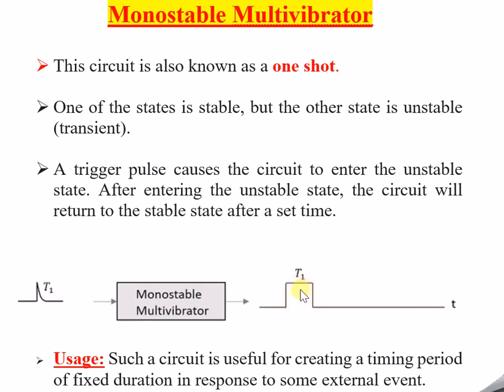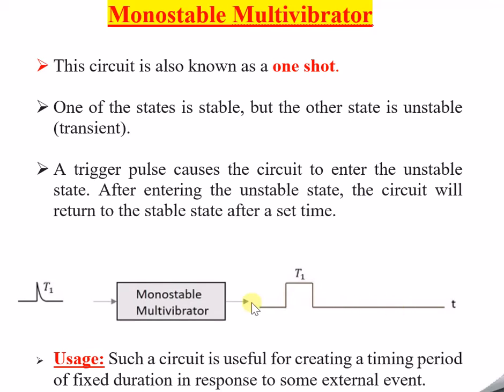After this time t1, the circuit will return to the stable state. Now it has come entirely stable. Stable means there should be no change in output; simply one state. That's why we call it a stable value.